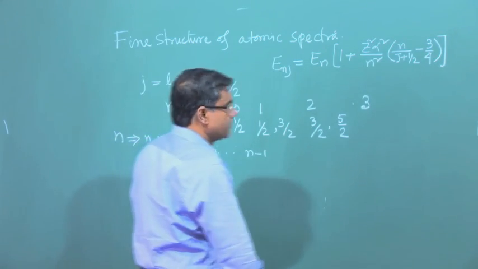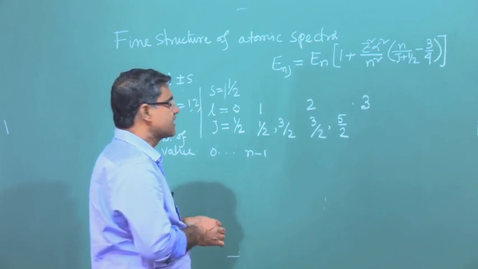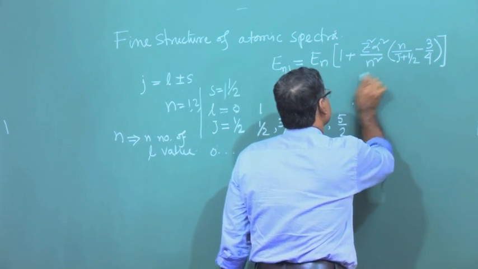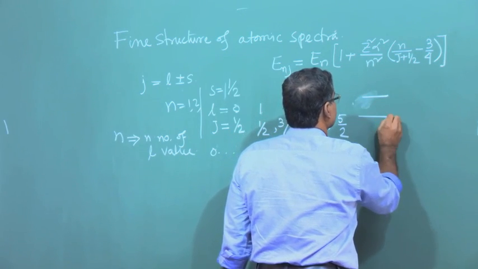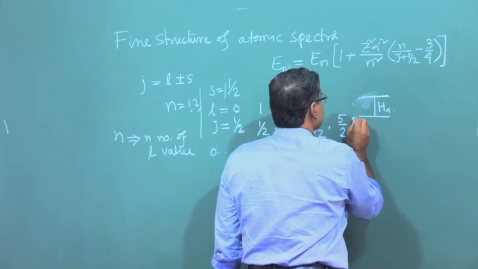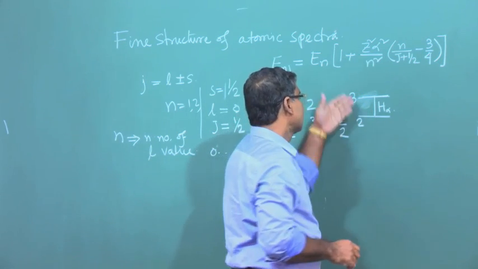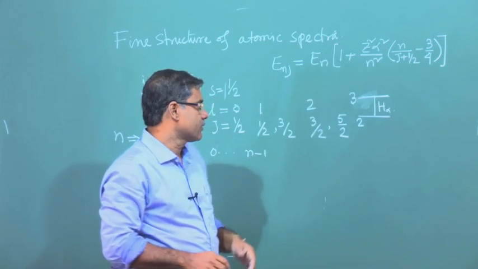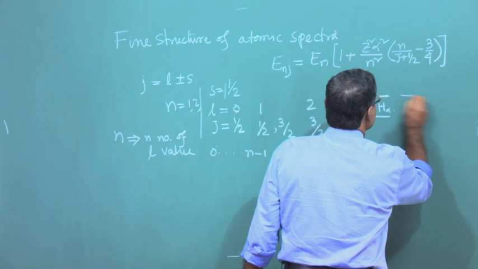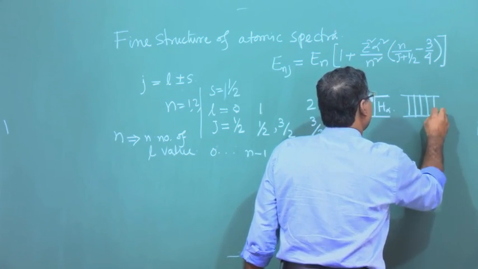And we have explained the fine structure of the H alpha line. It is basically from the transition between n equal to 2 and n equal to 3, and then it splits into 5 lines.